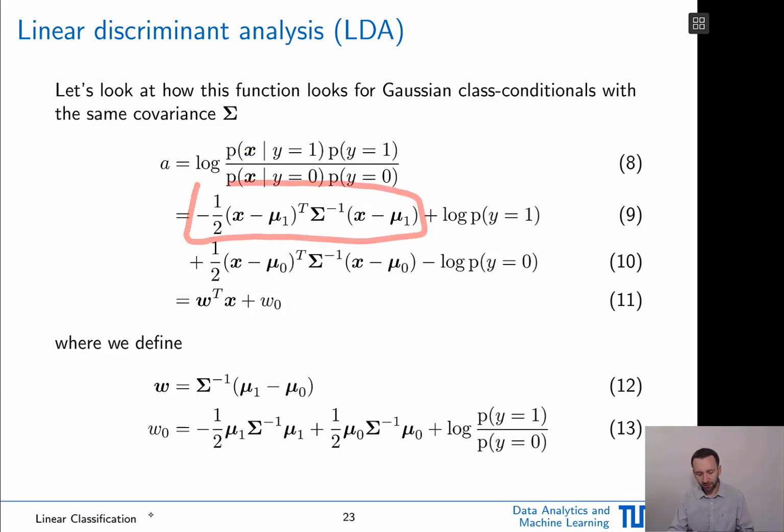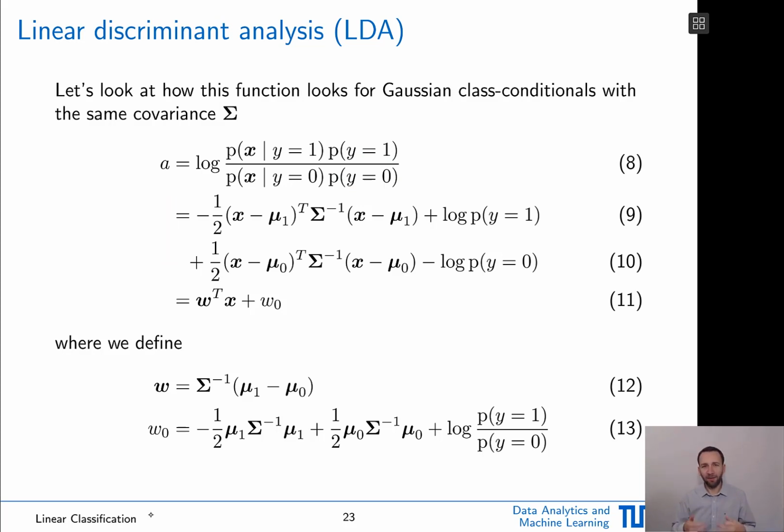So this is our Gaussian term, so x minus the mu, and here's the covariance matrix, or the inverse of it. And here we have our class prior, and here the same for class 0. So from the denominator, that's the Gaussian term, that's this term, and then we have our prior. So this is simply plugging it in.